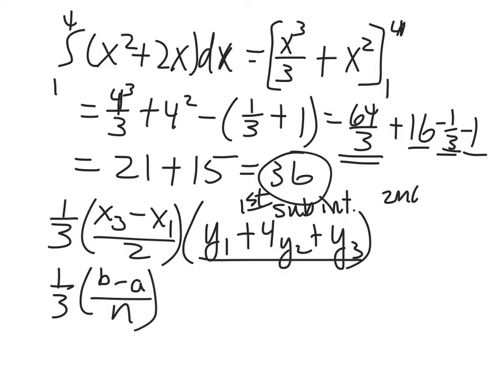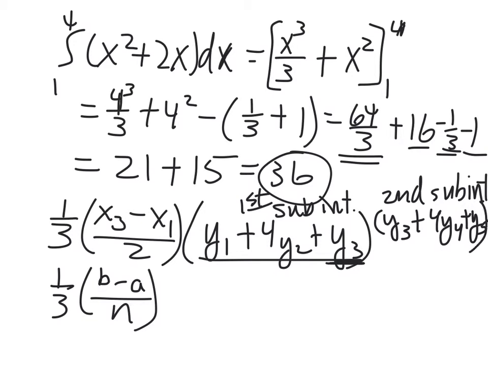Second subinterval, that's going to involve, well, instead of y sub 1, the first part of that second subinterval is going to be y sub 3. Then we'd have y sub 4, and then y sub 5.